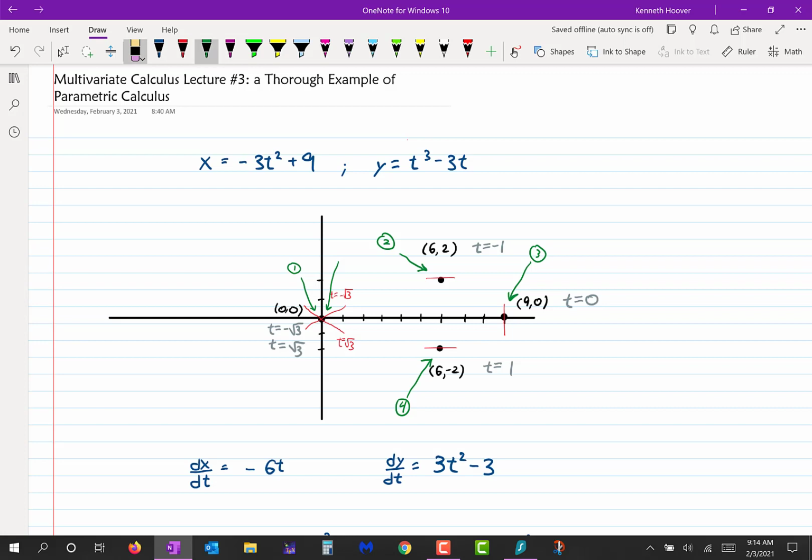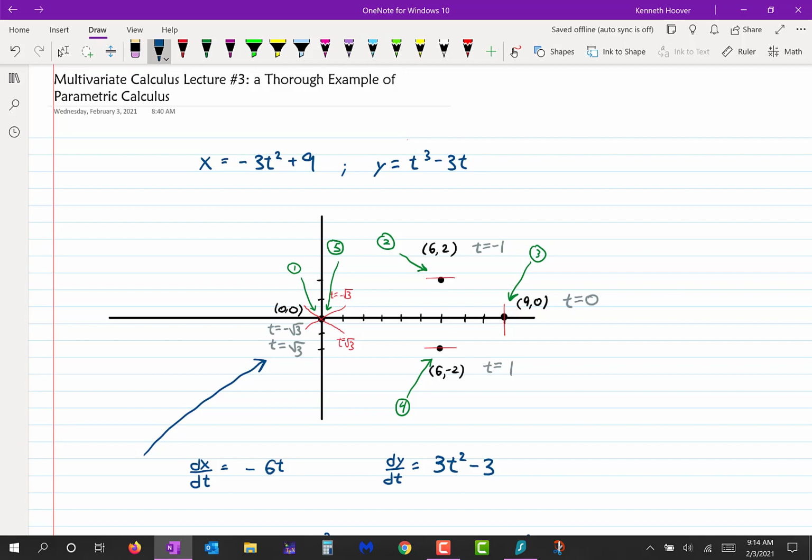Now, when I say the curve comes from negative infinity, comma, negative infinity, that is down in that direction. So what I'm saying is that the curve is coming from here. That's what I'm saying. Okay?